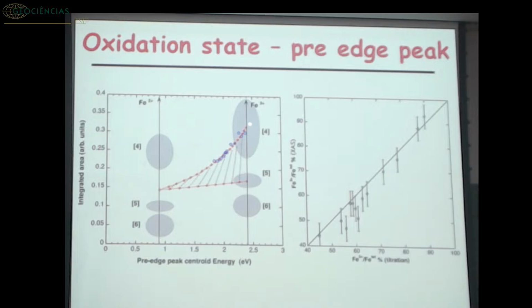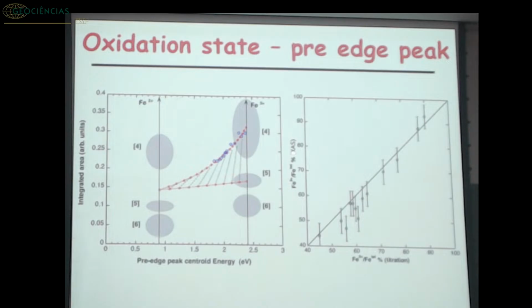In this case, the trivalent iron is only 4-coordinated, only in tetrahedral coordination. The divalent iron, as happens in most silicate glasses, is in a mixture between tetrahedrally coordinated iron and 5-coordinated iron, with possibly some minor amount of octahedrally coordinated divalent iron. We get a certain number for the iron redox ratio, 3+ over the total iron.